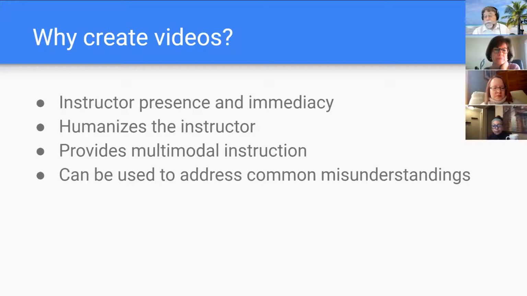And if your class is meeting in person or meeting synchronously, whether in person or not, and you get some work in where you see some misunderstandings occurring, you can create a video and send it out to students in a course announcement, so you don't have to wait to make corrections until the next class meeting. And that can be useful.